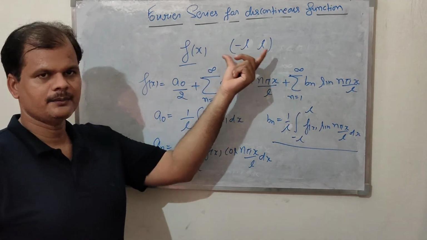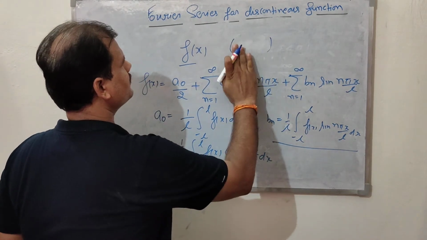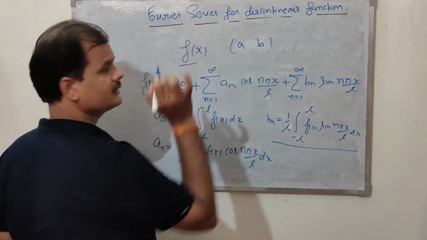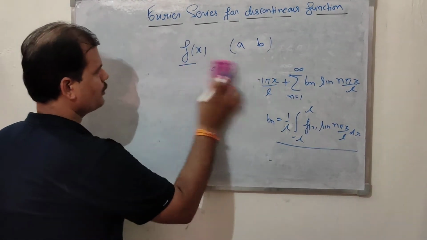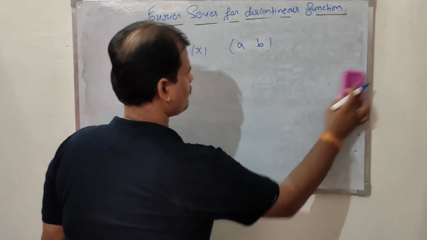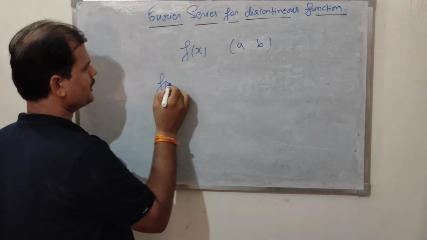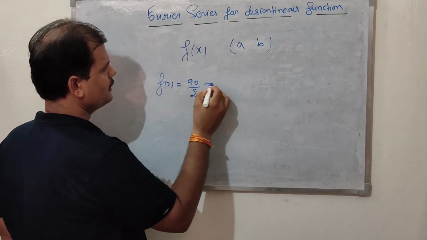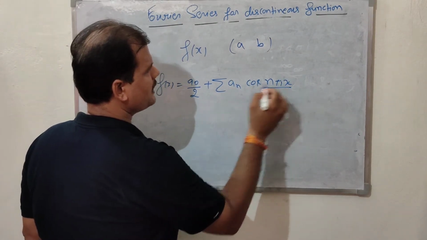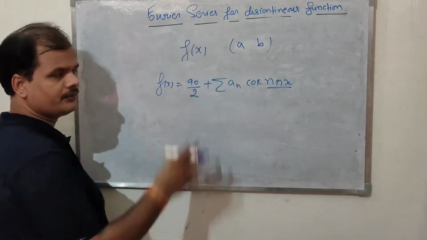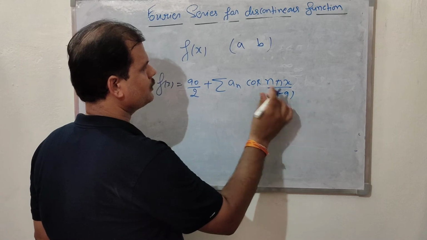Now if you change the interval to any general interval a to b, where f is a periodic function defined on the interval a to b, let me write the Fourier series for this. f(x) equals a0 by 2 plus summation an cos n pi x by L. L was half of the length of this interval, so b minus a by 2.